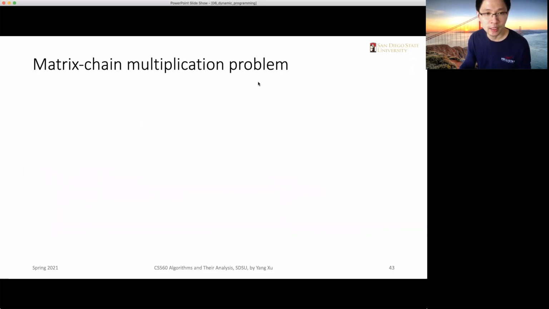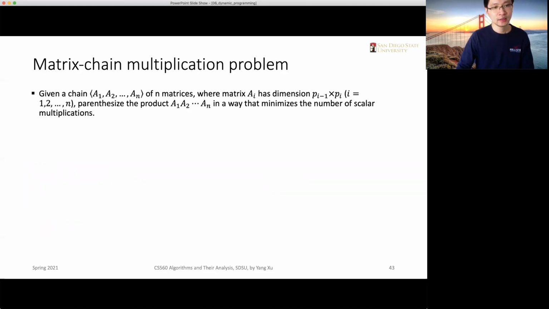So let's define the problem more formally. Let's say we are given a chain of n matrices, and of course we know the dimensions of each matrix. We assume these dimensions are compatible with each other.